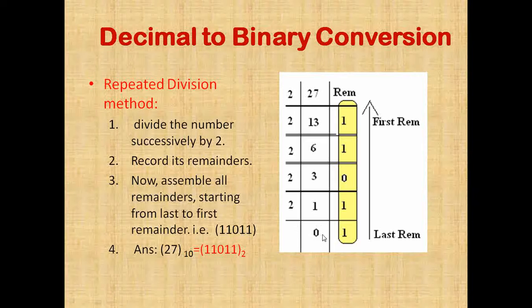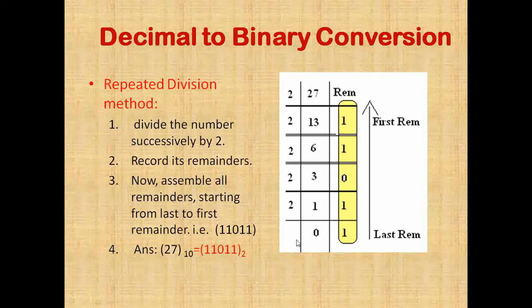So once we get 0 in the quotient part, we will note down these remainders from the last remainder to the first remainder, right? That is from bottom to top. So if we note down these, we will get 1 1 0 1 1.